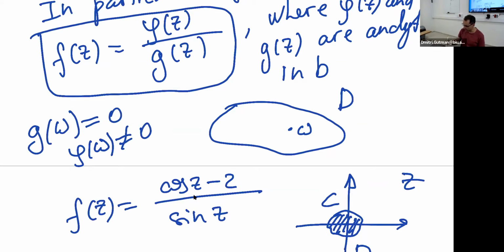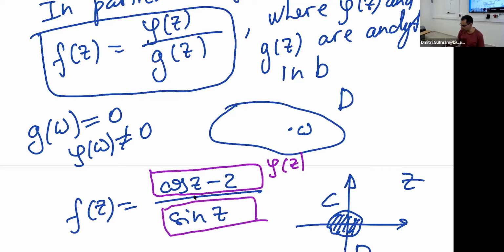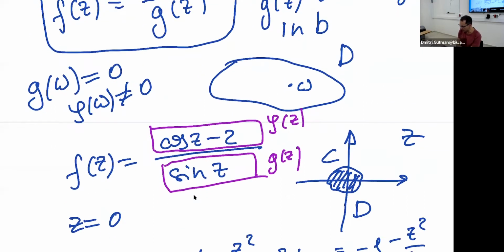In this case, what was the function phi? Yes, that was the function phi of z, and the function g of z. So we have two analytic functions. What happens in this case is that at the point z equals 0, the analytic function g of 0 has a 0.